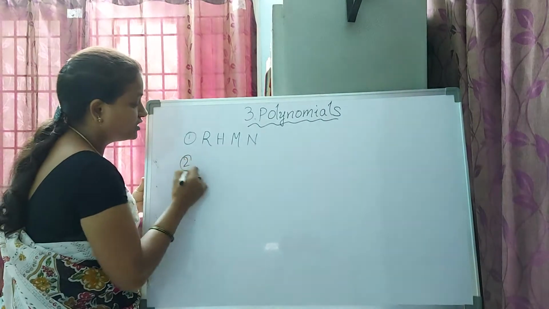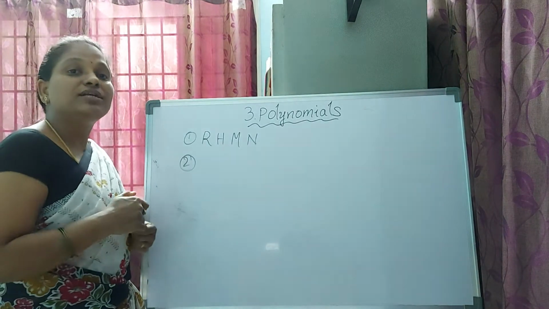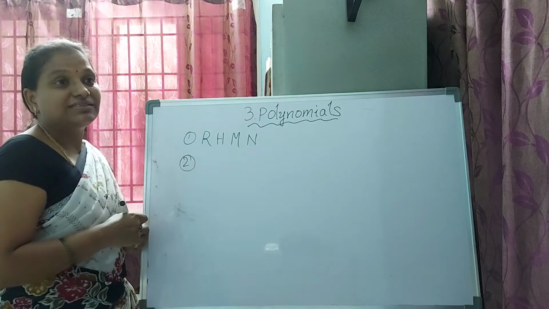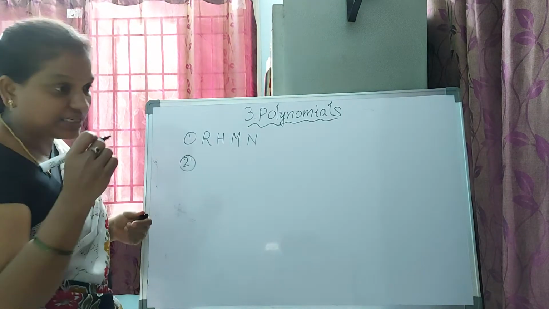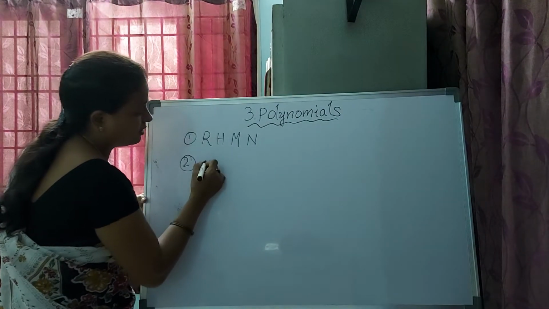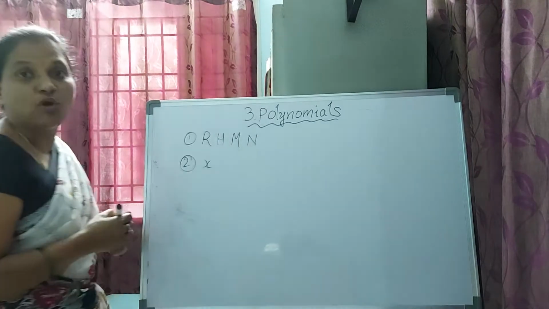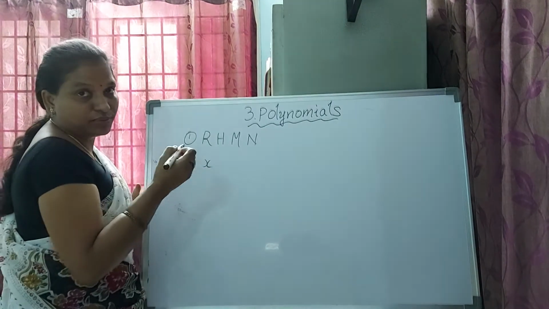Next, second one is variable. What is a variable? A variable is a letter symbol that is used to take any value in a certain set. For example, x is a variable. We denote these variables with small letters, that is x, y, z, small a, small b, small c.